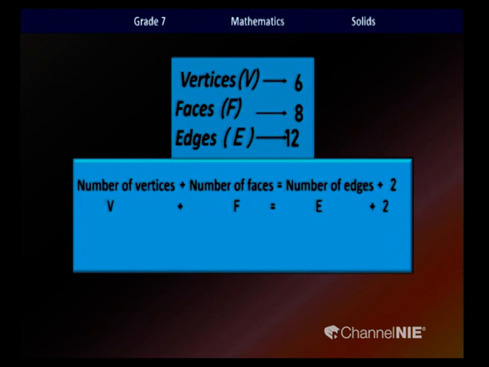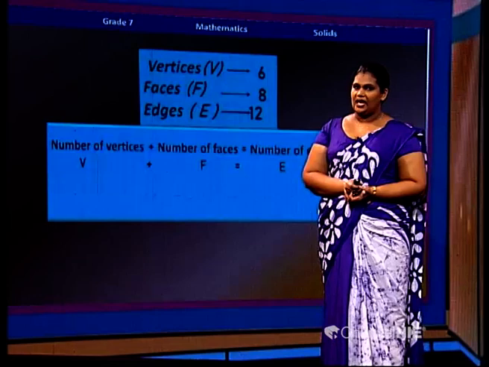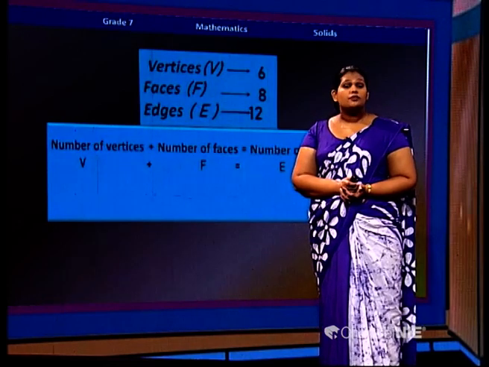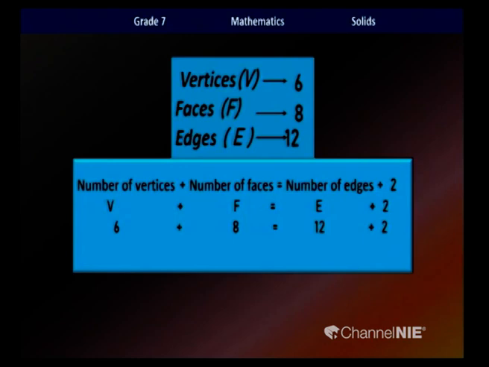So we will substitute the values of the number of vertices, faces and edges of this composite solid, and then find whether it fulfills the Euler's relationship or not. Number of vertices is 6, number of faces is 8, number of edges is 12. So we will say 6 plus 8 is 14, 12 plus 2 is also 14. Now my left hand side is equal to my right hand side.